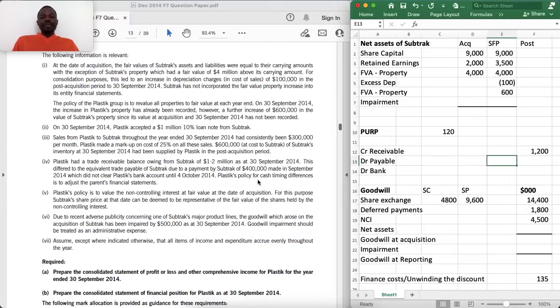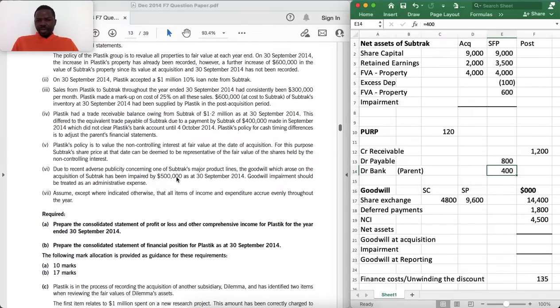Plastik's policy for cash timing differences is to adjust the parent's financial position. So adjust the bank of, take note, the bank of the parent. We will assume the parent received this 400 during the reporting period. So now the balancing figure will be the payables of 800, like that.